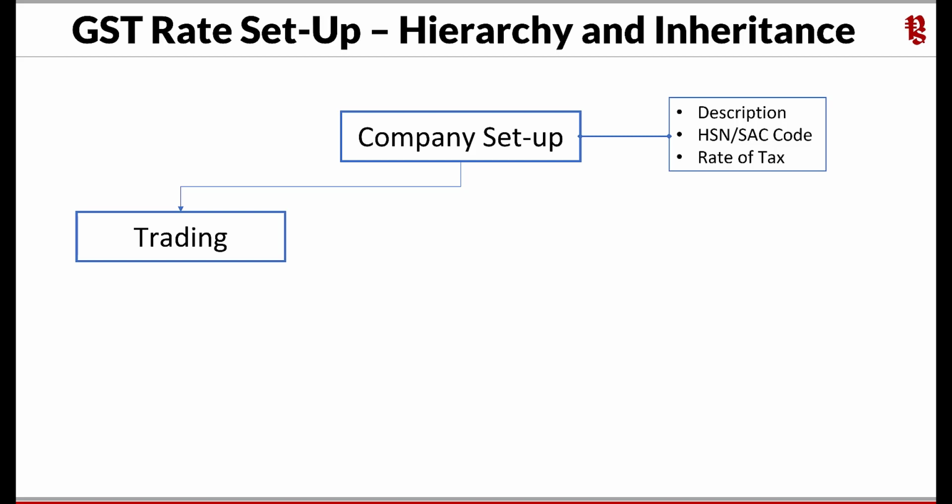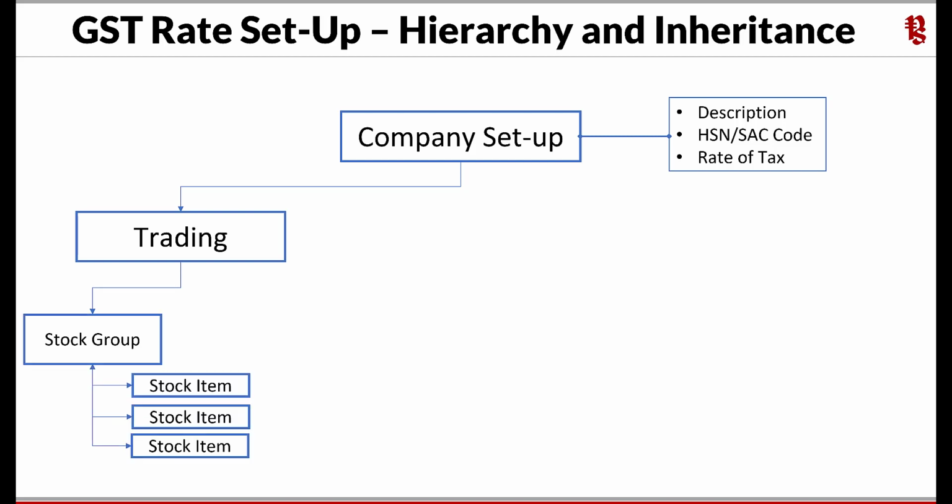Let's take a case of a trading organization with inventory. If there is any rate change for some of your items or groups of your items, then ideally you will specify the rate of GST and the HSN for the majority of your items at the company setup level and come to the inventory group. Let us say you have a stock group where the items under the group have a different GST rate.